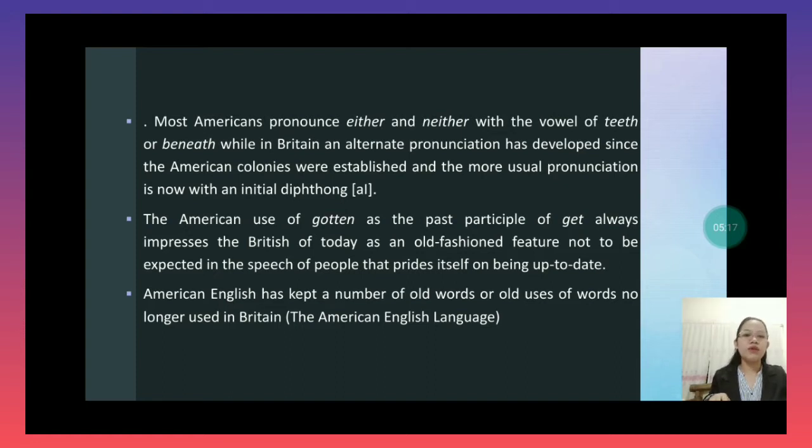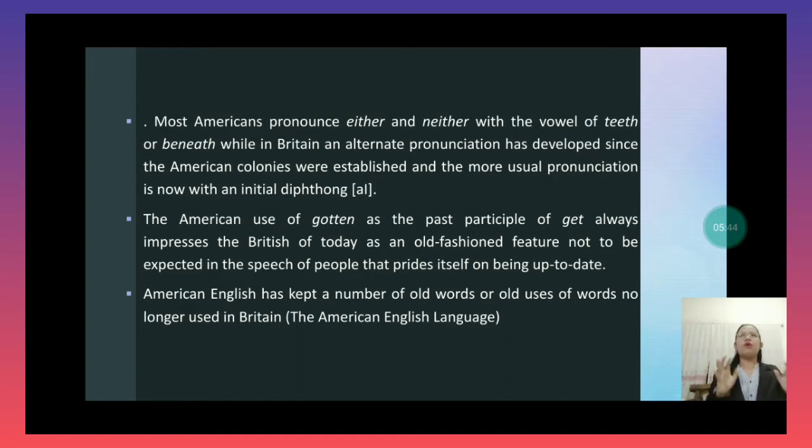The American use of gotten as the past participle of get always impresses the British of today as an old-fashioned feature not to be expected in the speech of people that pride themselves on being up to date. American English has kept a number of old words or old uses of words no longer used in Britain.